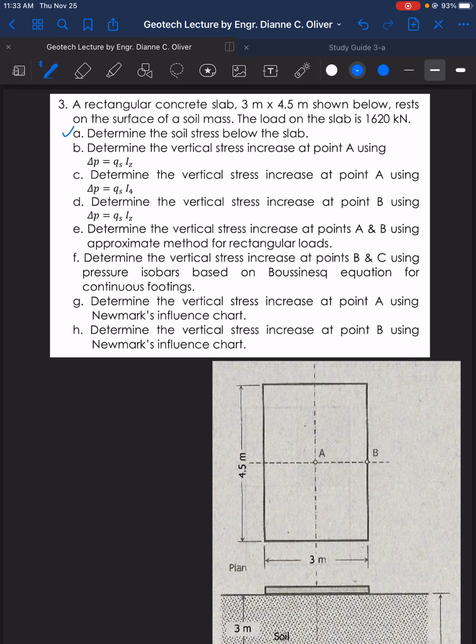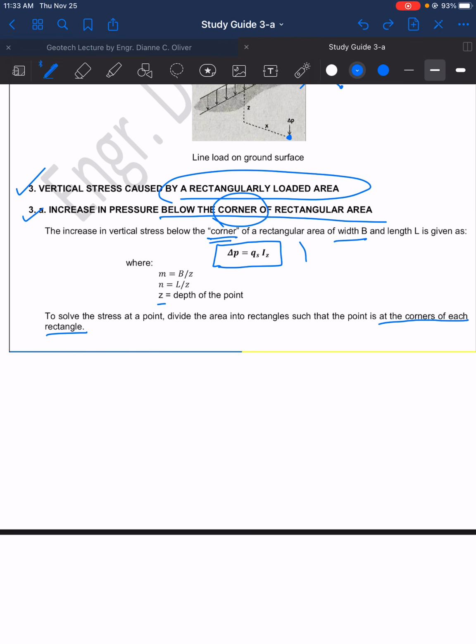First, we need to determine the soil stress below the slab. B, determine the vertical stress increase at point A using delta P equals Q sub S times I sub Z. That's the formula for case A under number 3. So case 3-A is wherein the point is located below the corner of a rectangular area.